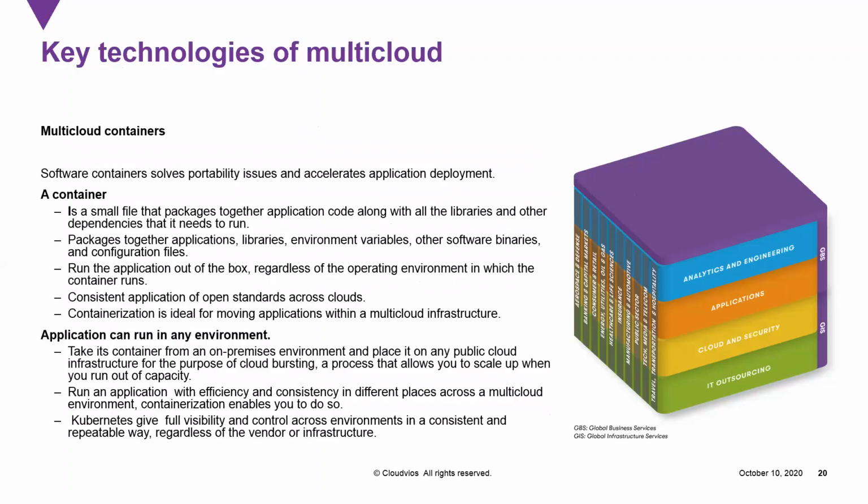The key technology that comes to my mind when we talk about multi-cloud is container, right? Kubernetes container. This is the key for multi-cloud, right? And a container is nothing but a small file package.